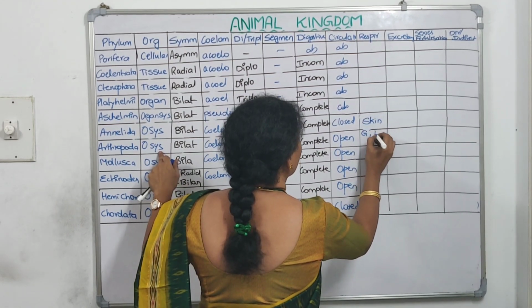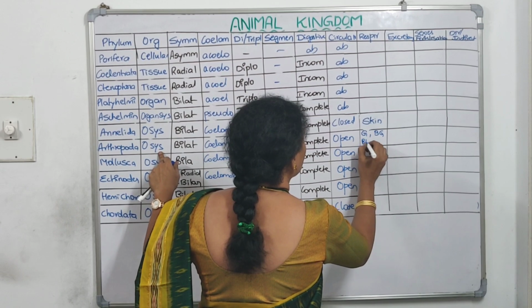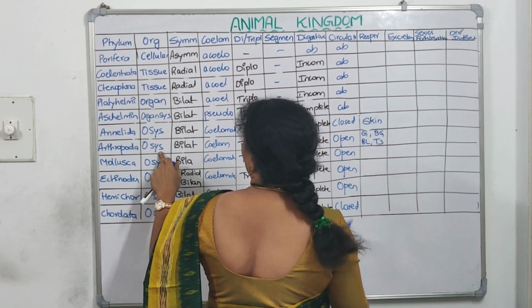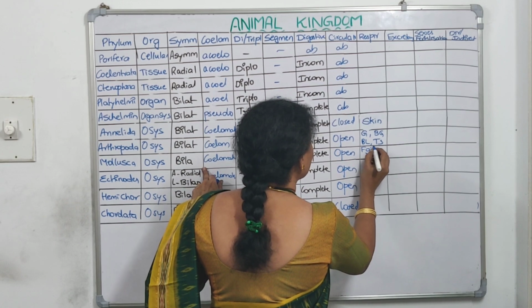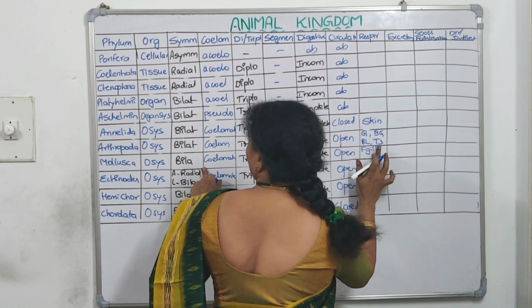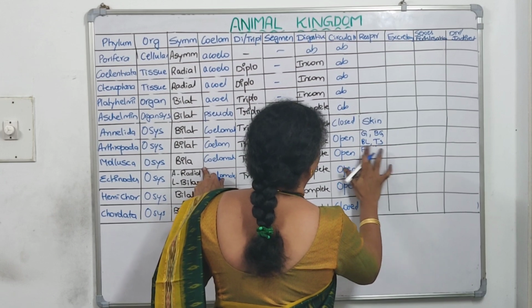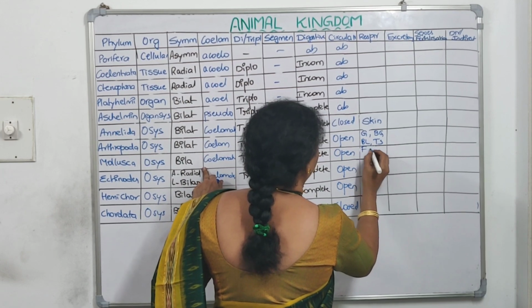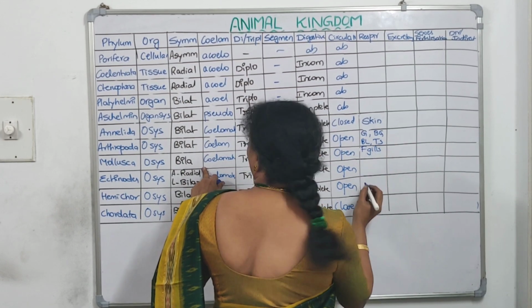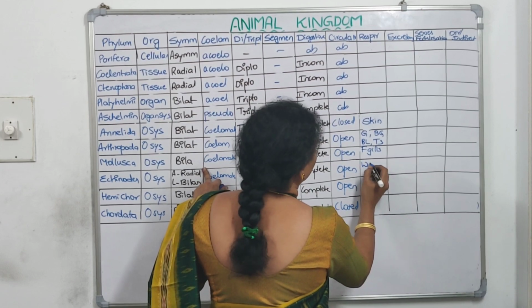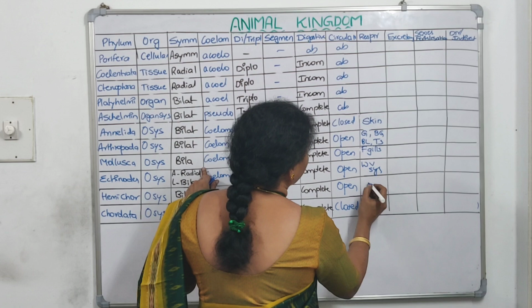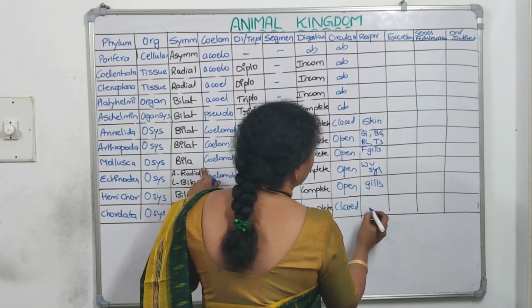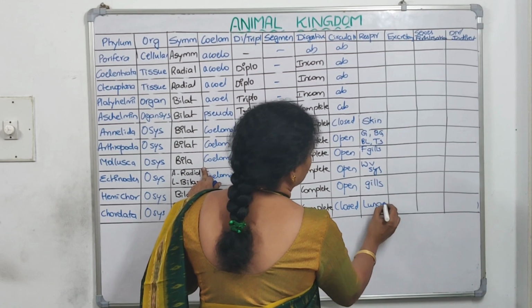It is by gills or book lungs or tracheal system. Now in Mollusca, feathery gills help in respiration. Here respiration is by water vascular system. In Hemichordata, respiration is by gills again. And here we have lungs.